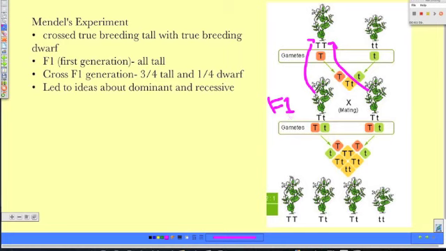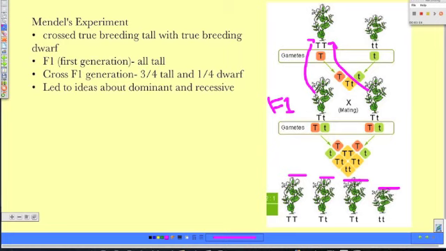You come out with 3 that are tall and 1 that's short. If we look at the genotype, we would see dominant dominant, giving us the tall, dominant recessive, and another dominant recessive, giving us talls, and recessive recessive, giving us that short.